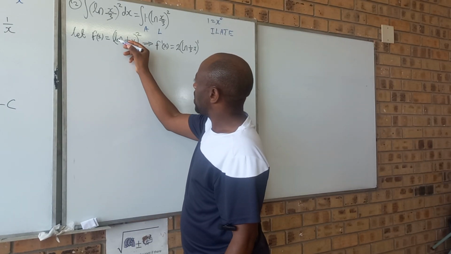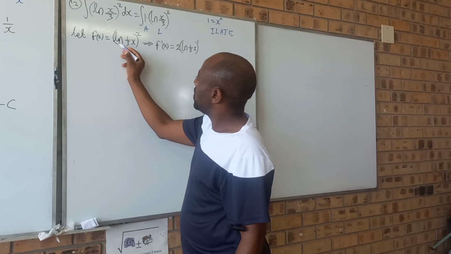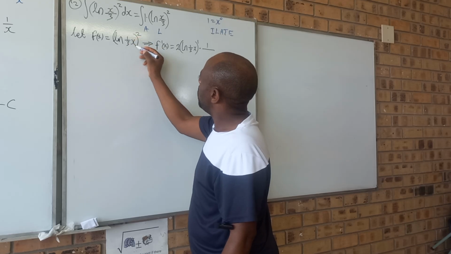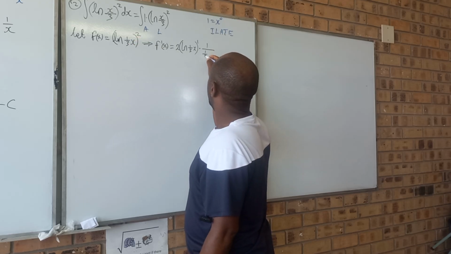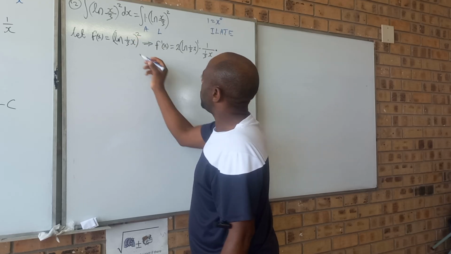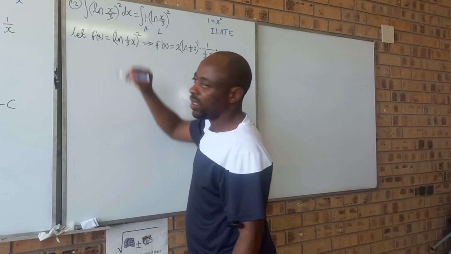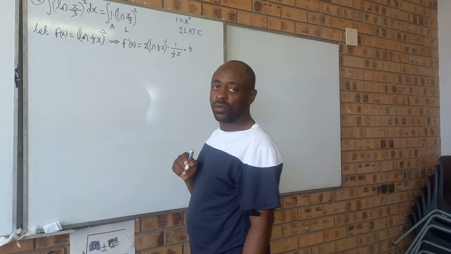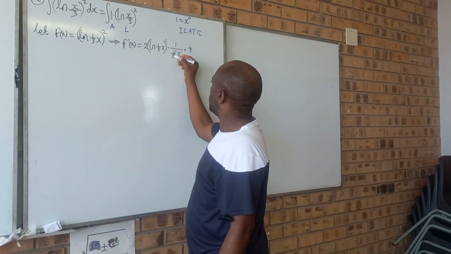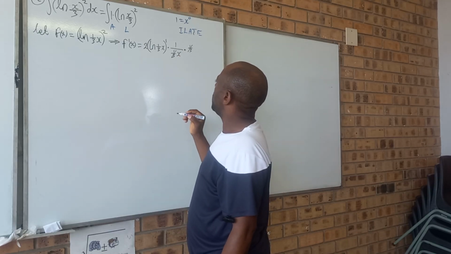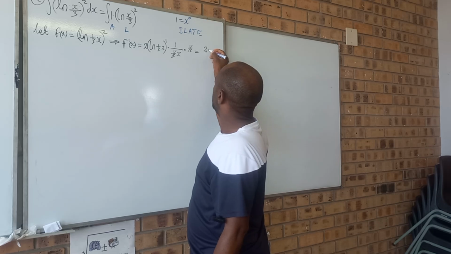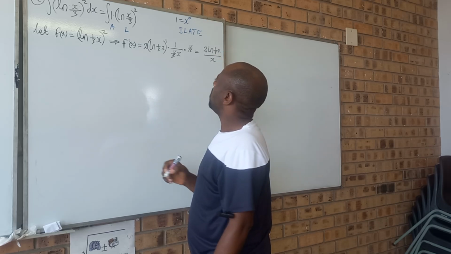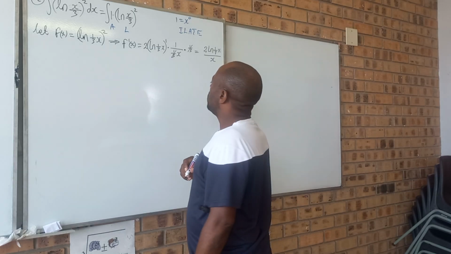When I get inside, I now differentiate ln. Each time you differentiate ln, it gives you 1 divided by the number in front of ln, which is 1/3x. Then I multiply that by the derivative of that number. If I take the derivative of 1/3x, it gives me 1/3. So here, 1/3 takes care of 1/3. So I'm left with 2 ln(1/3 x), all this divided by x. So that's my f prime.